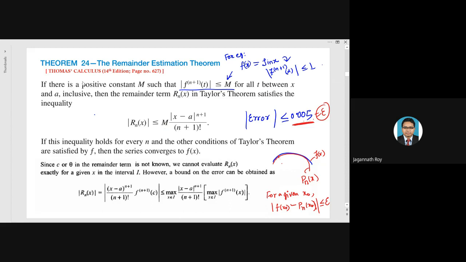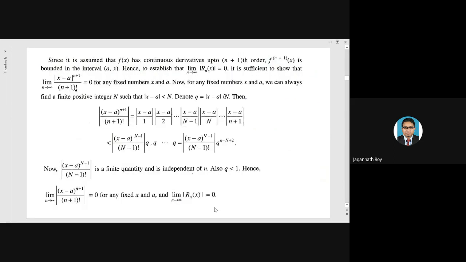This can be written in this form. So this is the error formula for finding the error. In fact, we can prove it. The proof is actually very simple.